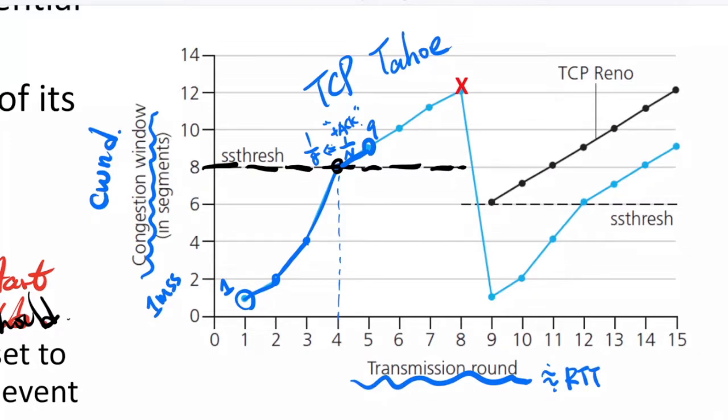And at this moment, again, you can send 9 packets out, and you will receive 9 acknowledgements, and each one will add 1 over 9 maximum segment size to your congestion window. So the next round will be 10. At that moment, you have 10 data, 10 ACKs. Each ACK will add 1 over 10 maximum segment. So on and so forth.